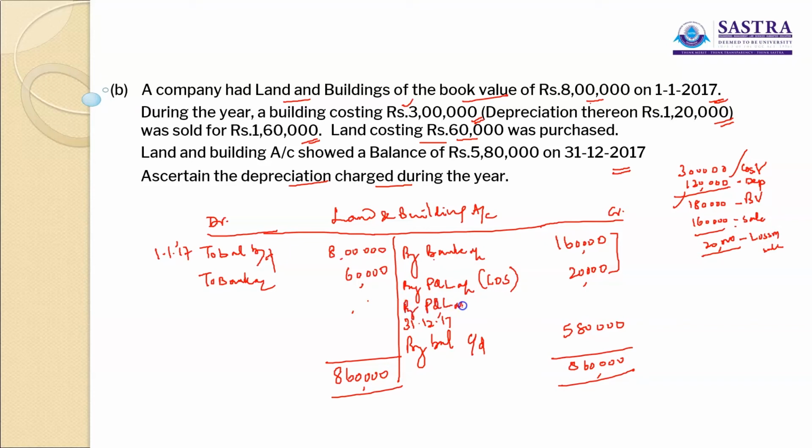By P&L account, current year depreciation, just 1 lakh. It's arrived as balancing figure. So these two are important information for fund from operation calculation.